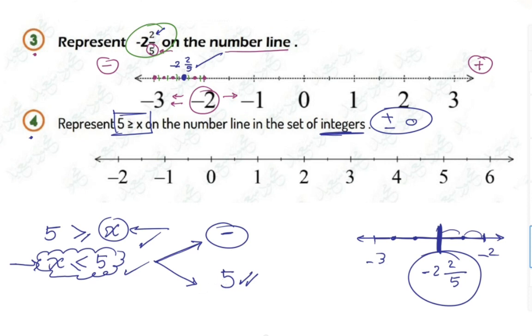Now I will start with 5, and 5 is with us. Because it's less than, I will go to the negative direction. So 5 is okay because of equals, and 4 and 3 and 2 and 1 and 0, -1, -2, all of these numbers going in the negative direction.